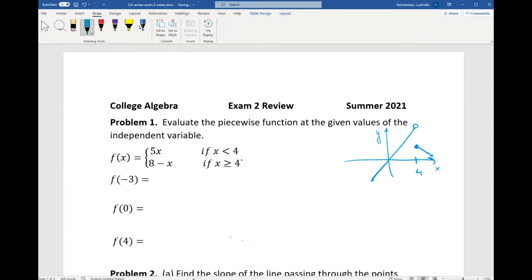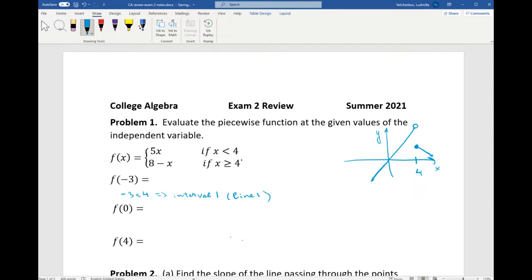So if you want to determine the function value at a given value of x, you first determine what interval to use. Okay, f of -3. -3 is less than 4, therefore we use interval 1, the first line.